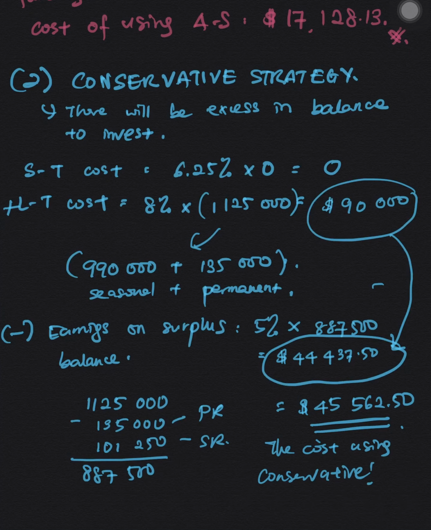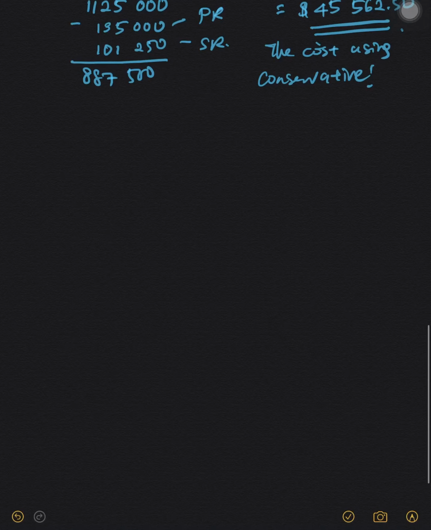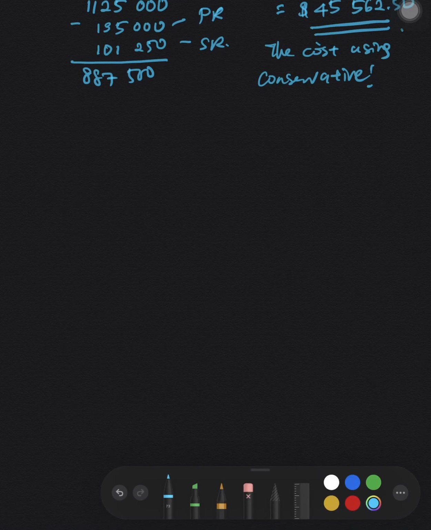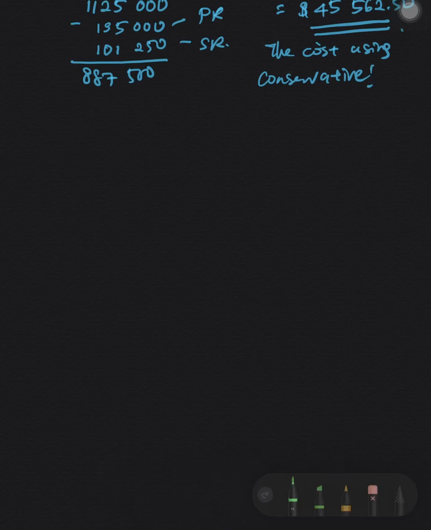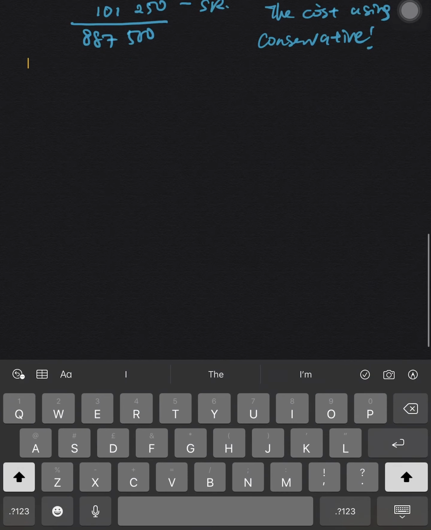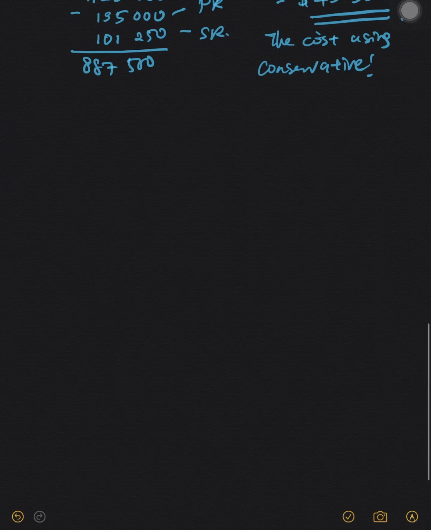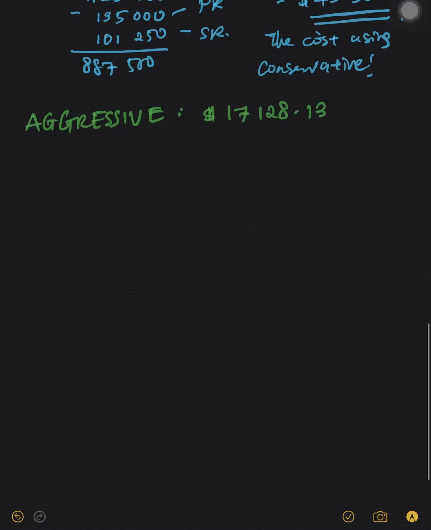Alright, so analytically speaking, what are we going to get? If we use aggressive, the cost is going to be 17,128.13.